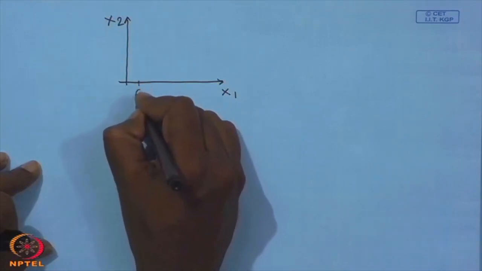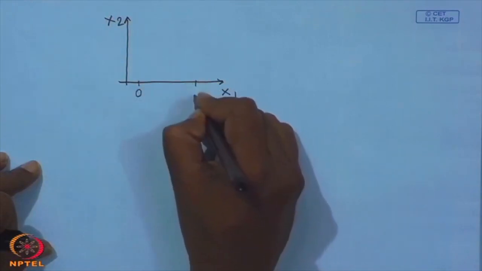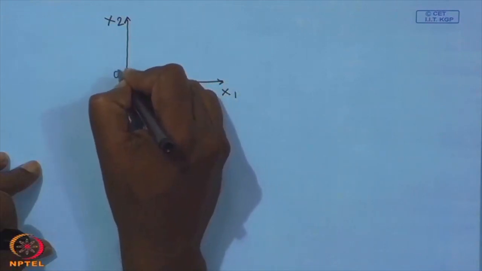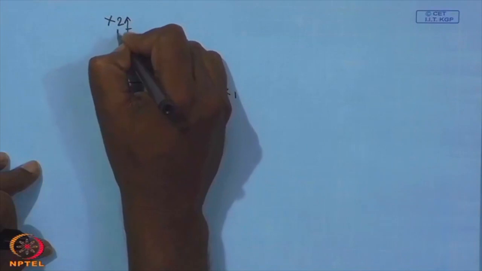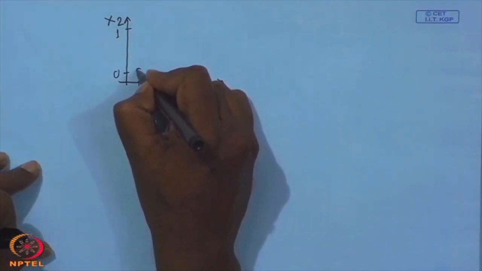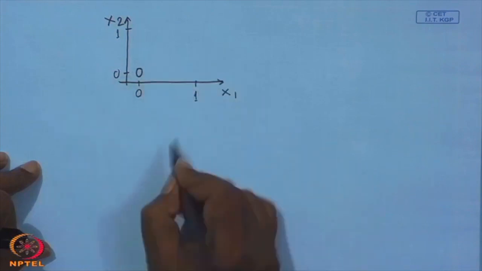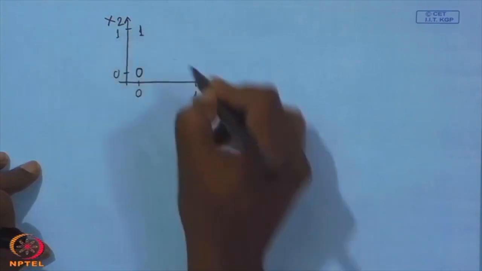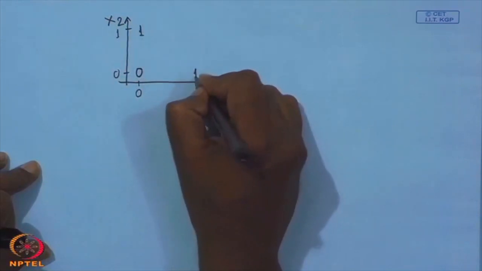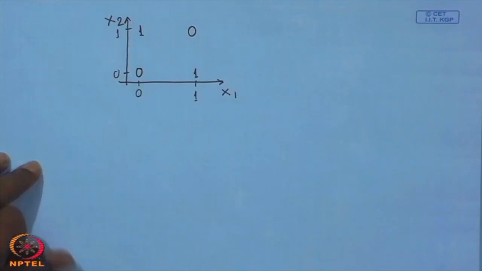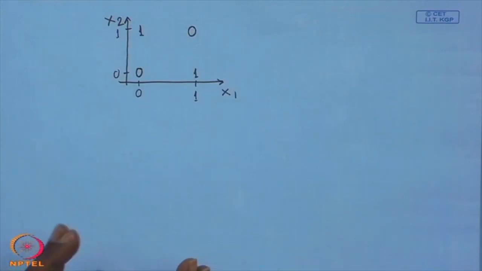Here x 1 equal to 0 and 1, and x 2 equal to 0 and 1. The value of the XOR function for 0 0 is 0, for 0 1 it is 1, for 1 0 it is 1, and for 1 1 it is again 0.